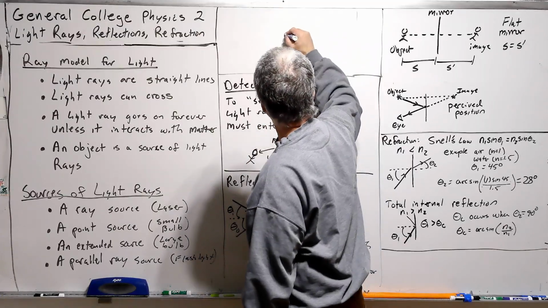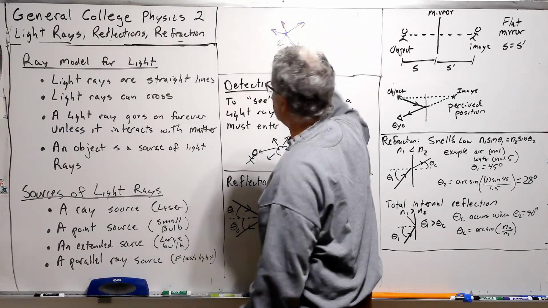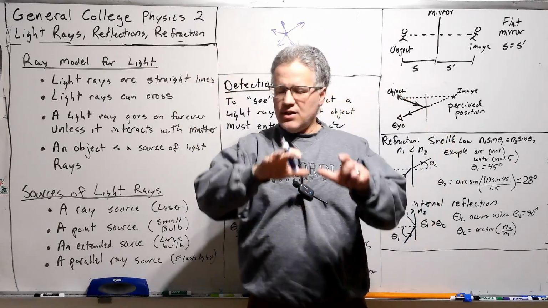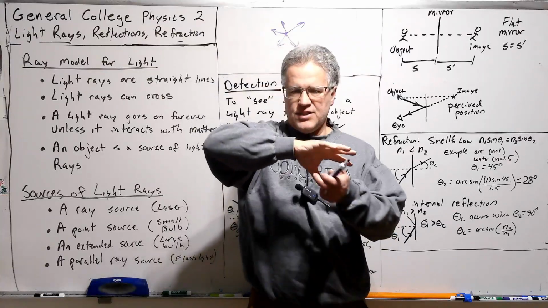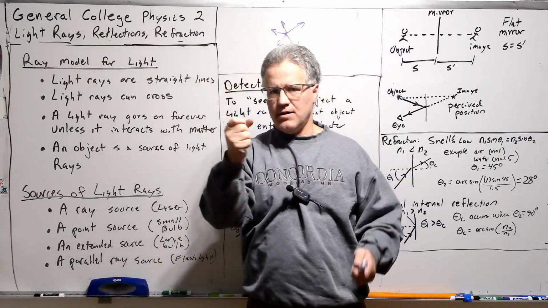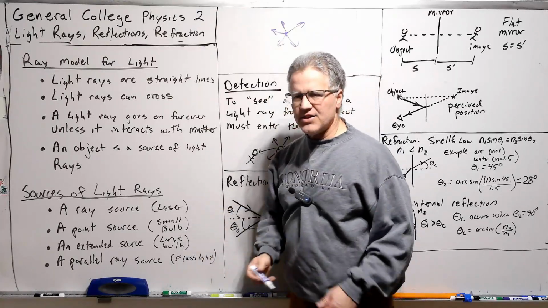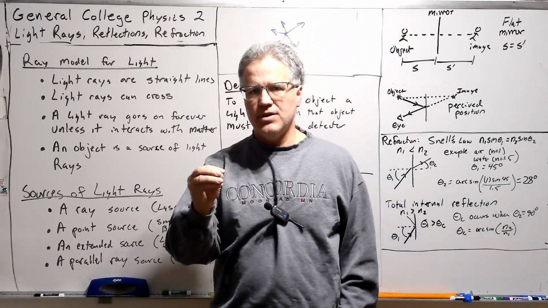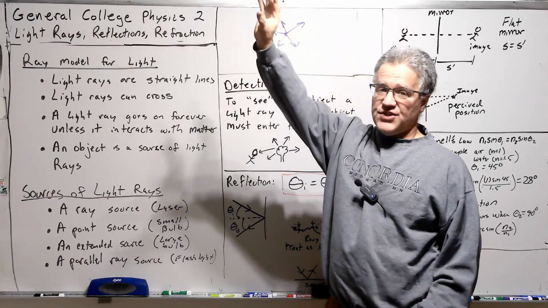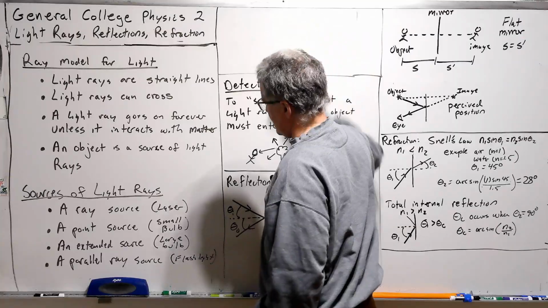That would be a source that is sending light rays in all directions, so it looks like it's filling out a sphere around a point. You consider a very small light bulb, or maybe a distant star that just looks like a point source.